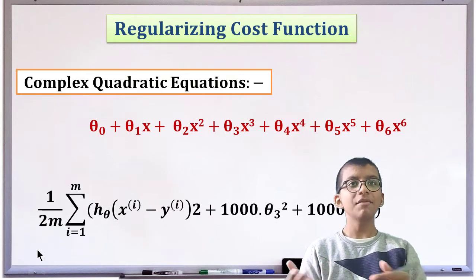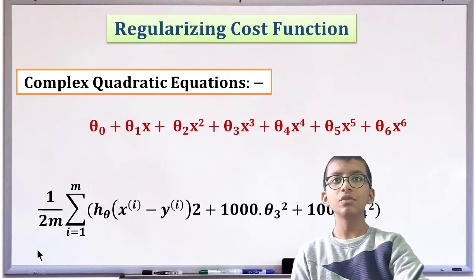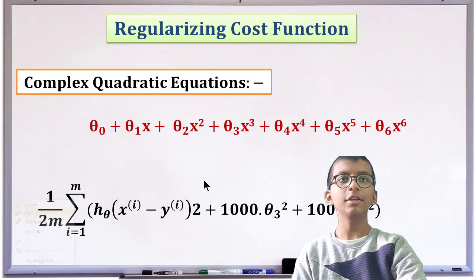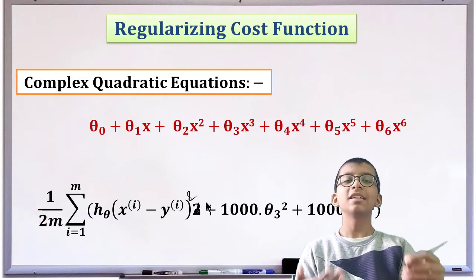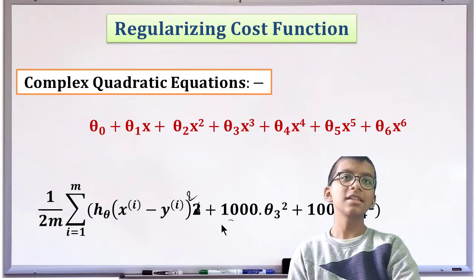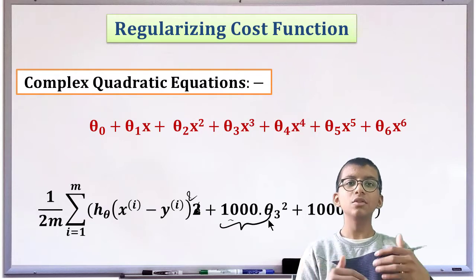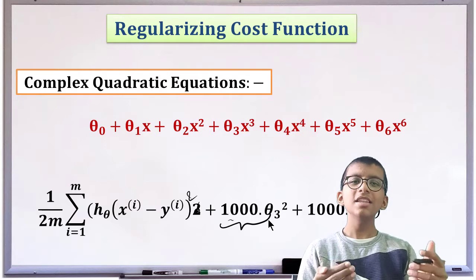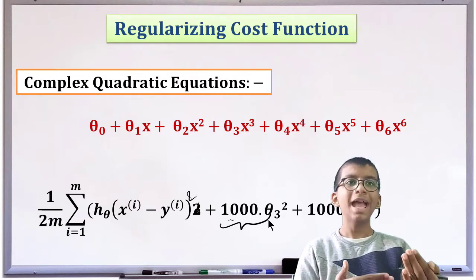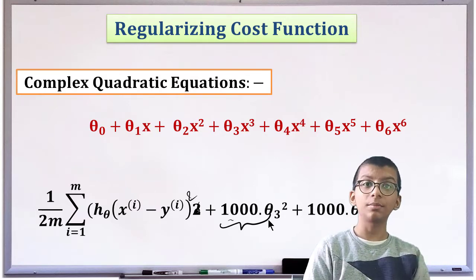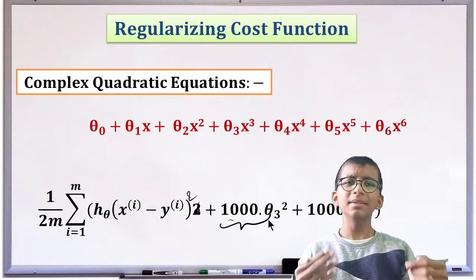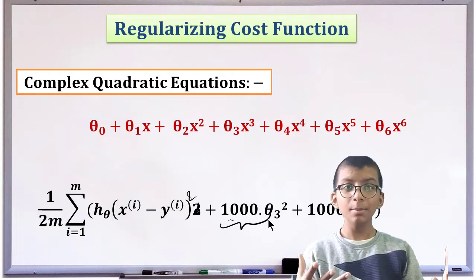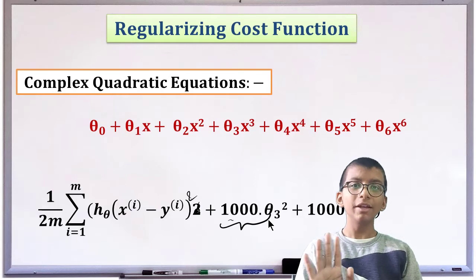So specifically for this equation, I have written down the cost function, plus this extra term, which is not eliminating theta subscript 3, it is just making it near to 0, and also for theta 4. You might be thinking, hey Ayush, what are you talking about? Wait for some time.